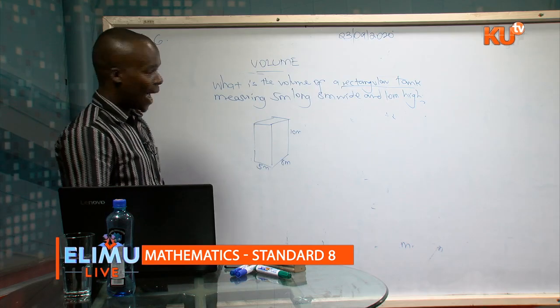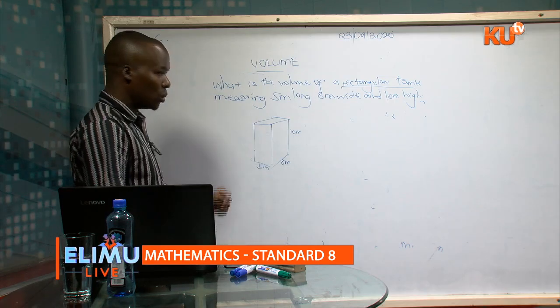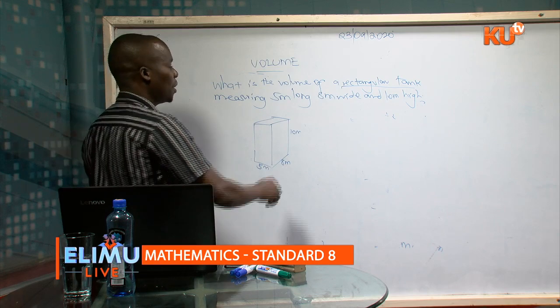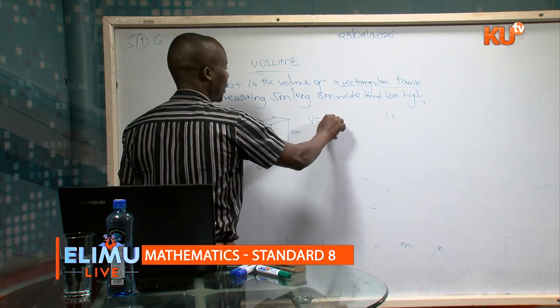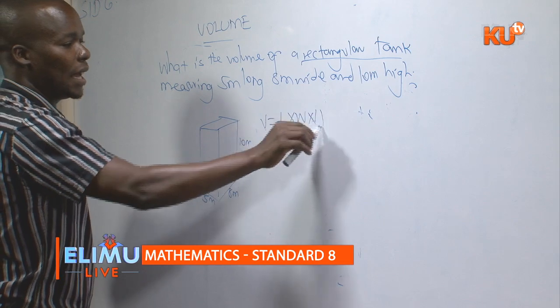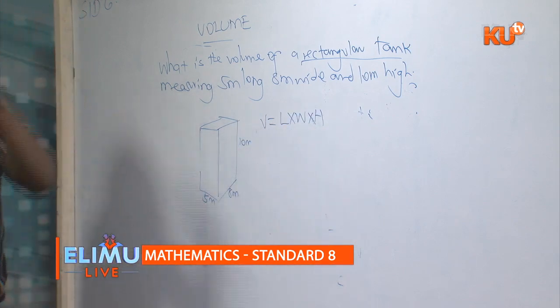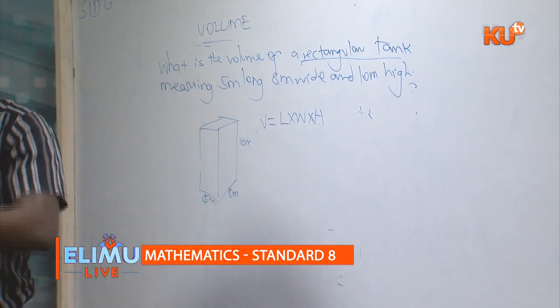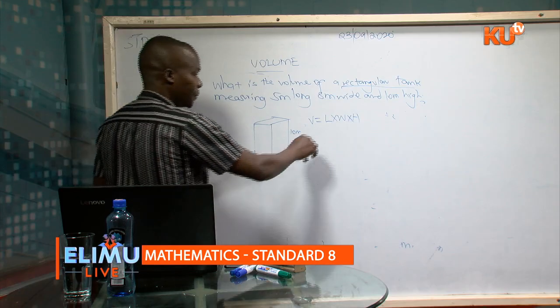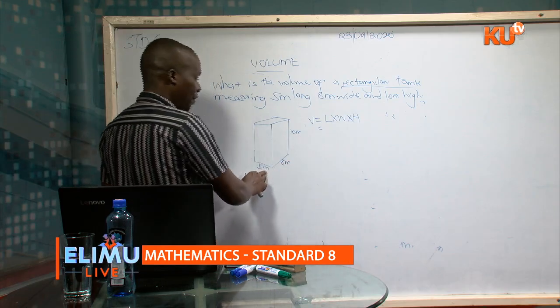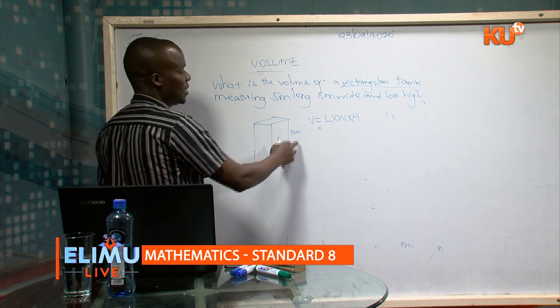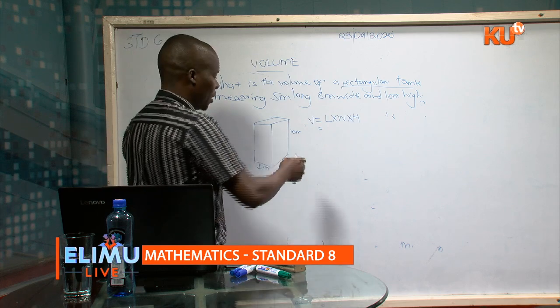Simple. I had the word problem, brought it down to a sketch. So, volume is length, width, and height. Check if your measurements are all in the same unit. We have 5 meters, 8 meters, 10 meters. So we are good to go.